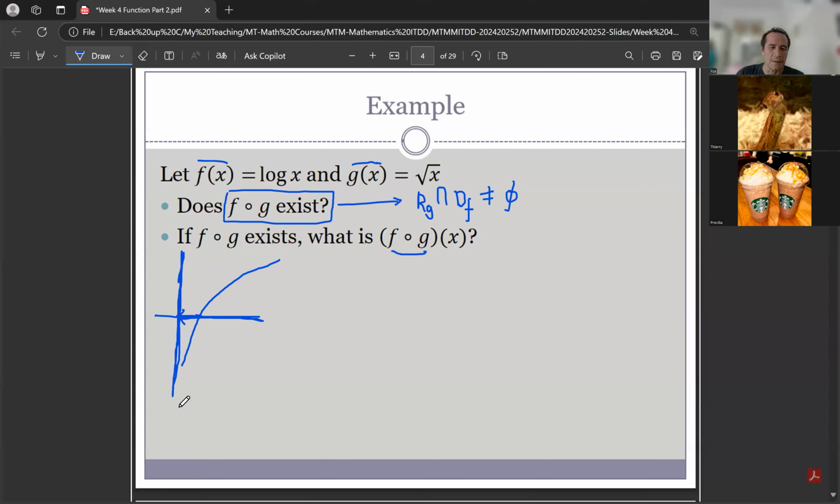The domain of the function is from zero, not including zero, to infinity. This is the domain of the function. And what is the range of the function? The range of f will be R, real numbers.